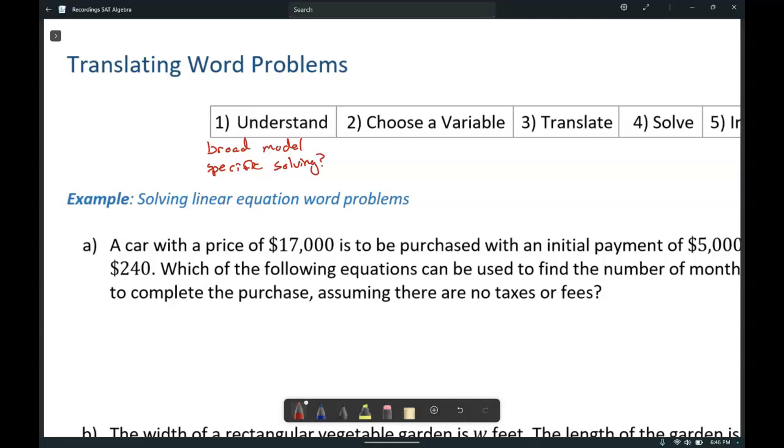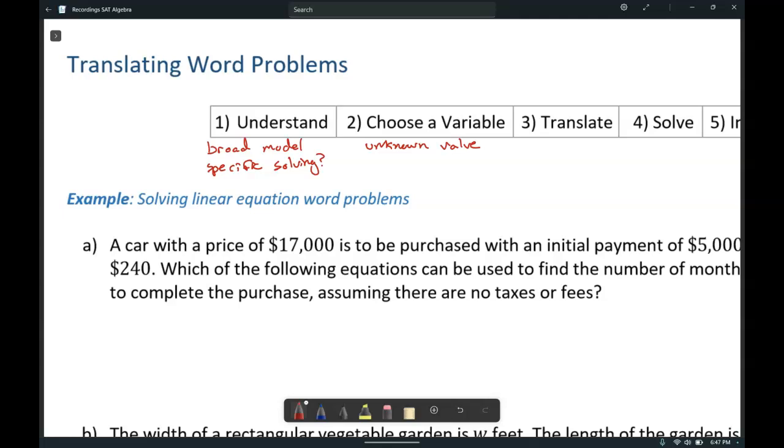And once we've identified what we're specifically solving for, that's going to lead us into our next step, which is choosing a variable. Sometimes a variable is provided for us. Sometimes we have to come up with our own. Our variable is going to be some unknown value.